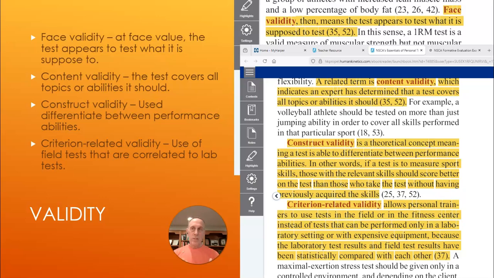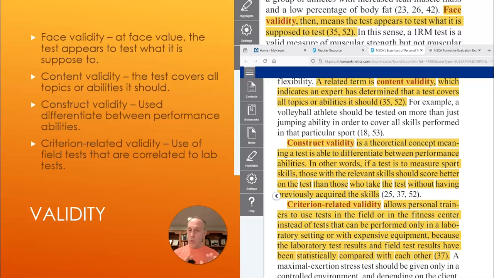They have been statistically compared to each other, and they show that they are relatable. Meaning, when you do skinfold calipers correctly for body composition, those results will be very comparable to perhaps hydrostatic weighing, because there is a wide and deep body of work and research that supports that.